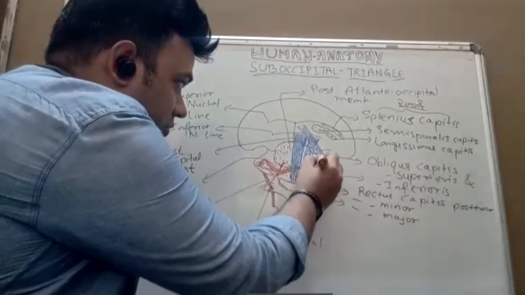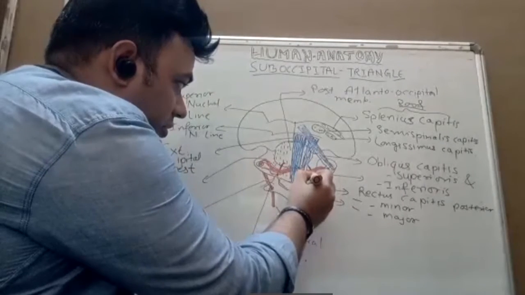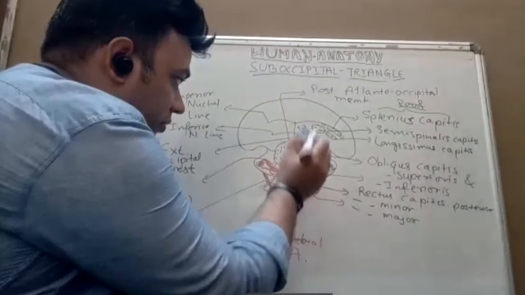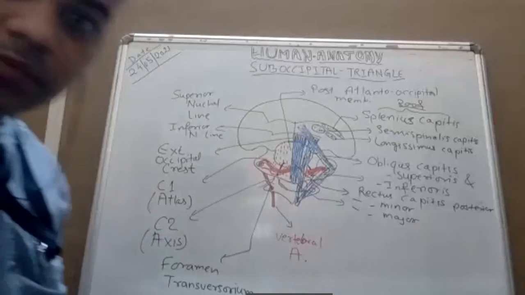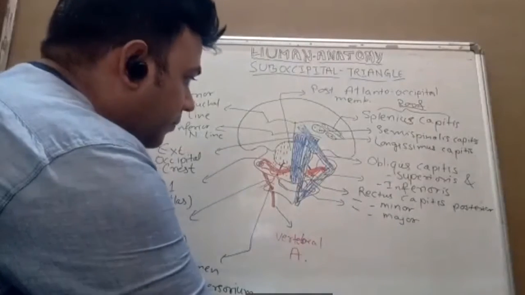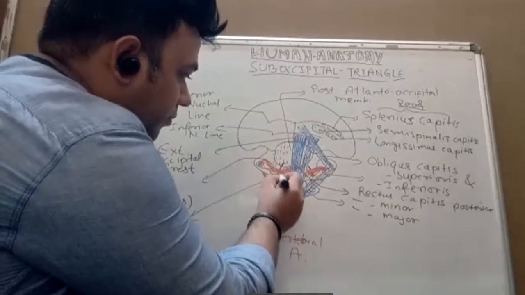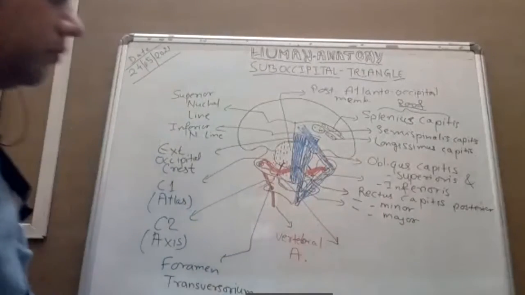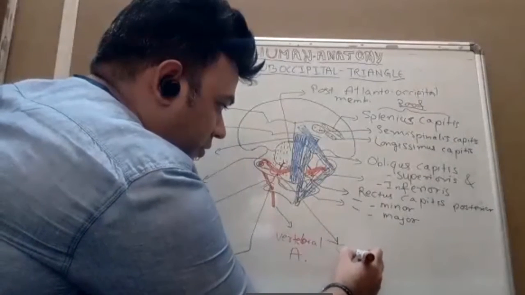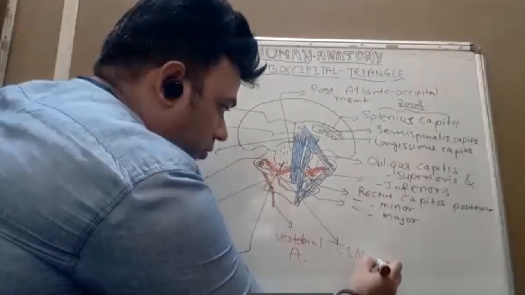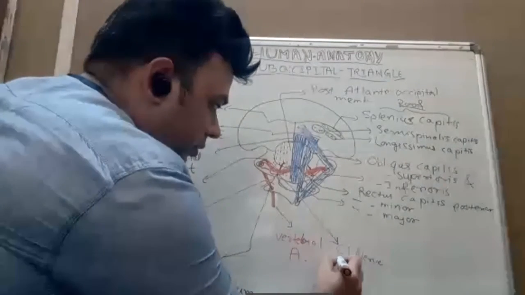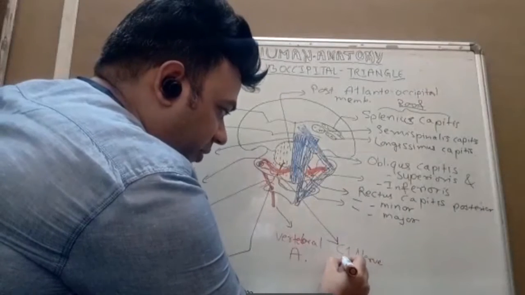Now it will give the branches to this muscle, this muscle, this muscle, and to this muscle. Okay. So this is C1 nerve, also known as the dorsal ramus.